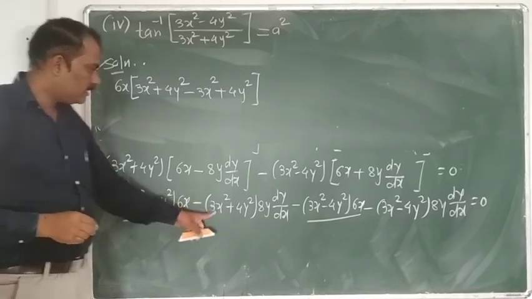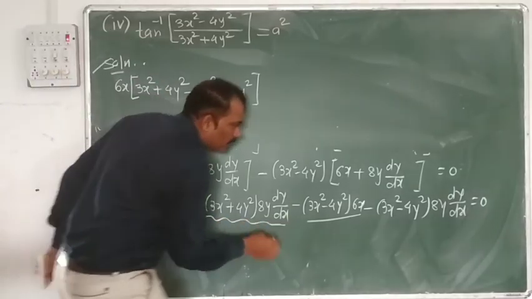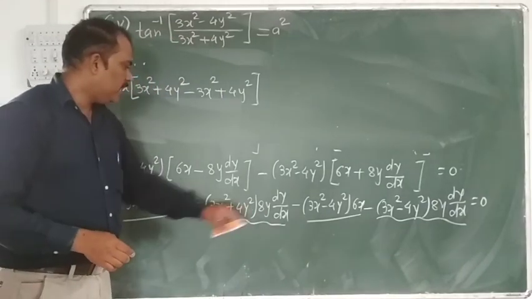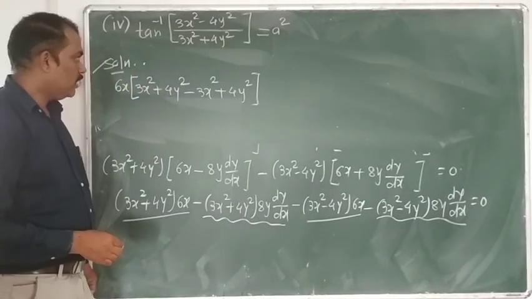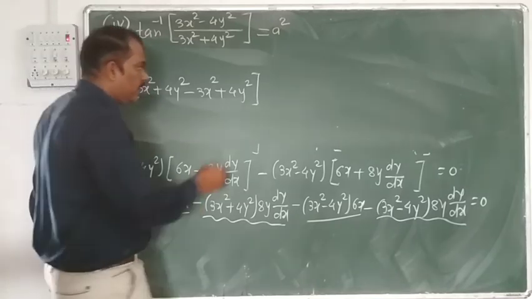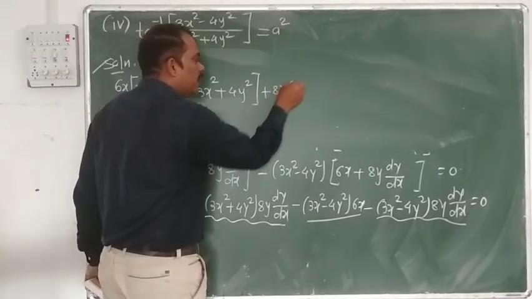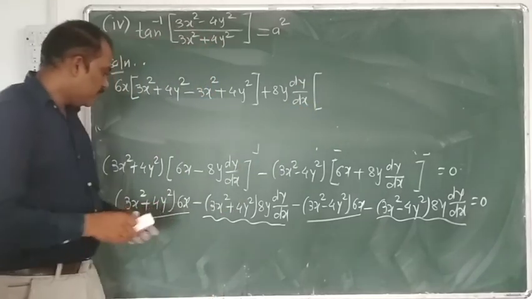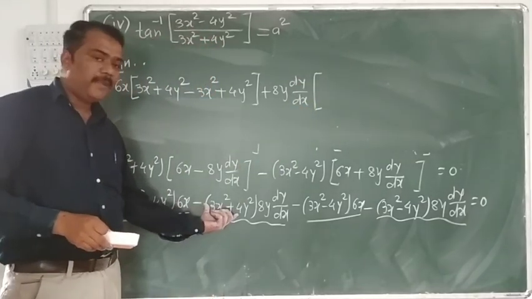Okay. Now from this one term and this one term we take 8y dy/dx as common. So we write plus 8y dy/dx into bracket. Here what is remaining? The minus, this bracket is remaining.